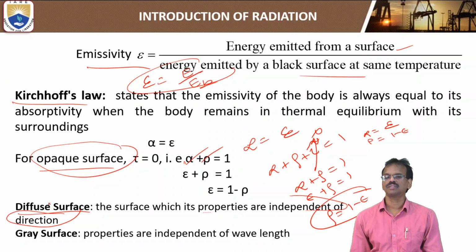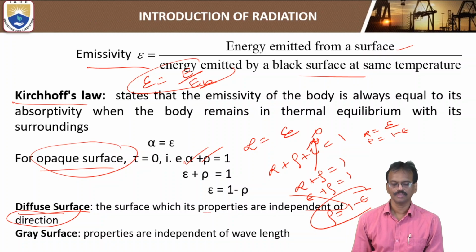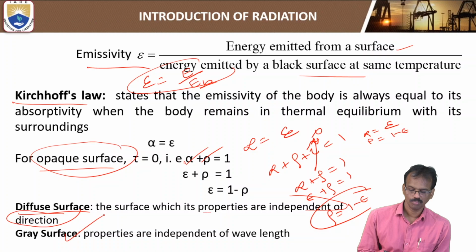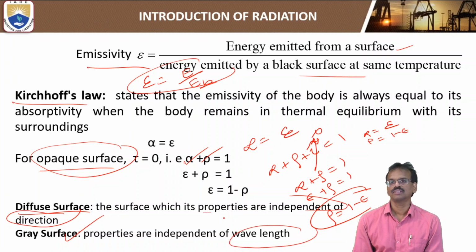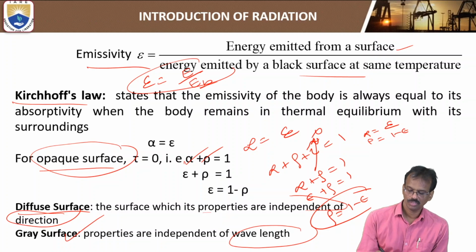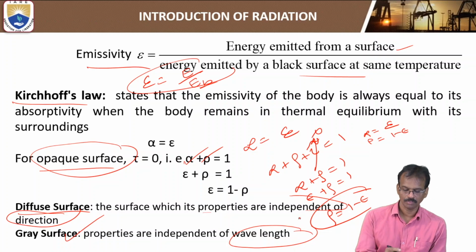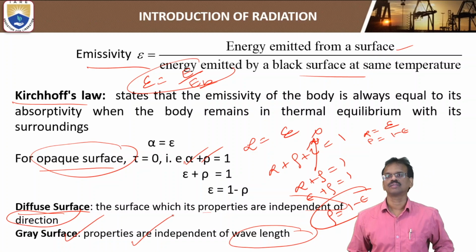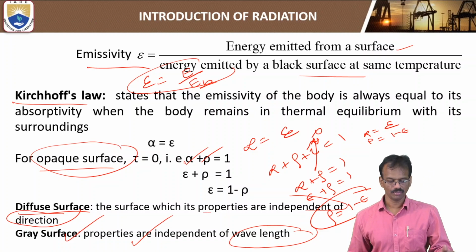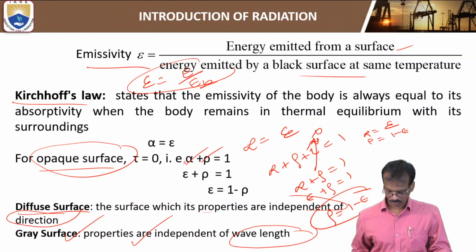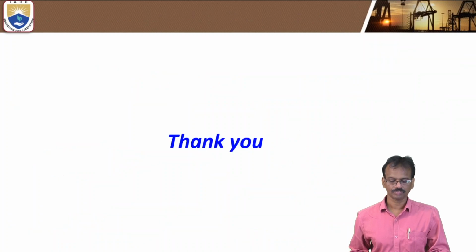For gray surfaces, properties are independent of wavelength. So wavelength will not be considered, and automatically we use the Stefan-Boltzmann law to find the total emissive power for gray surfaces.